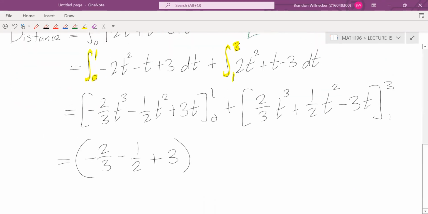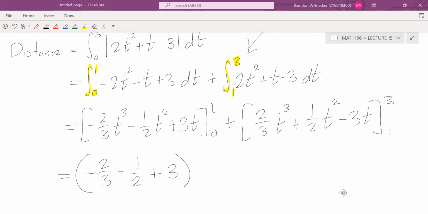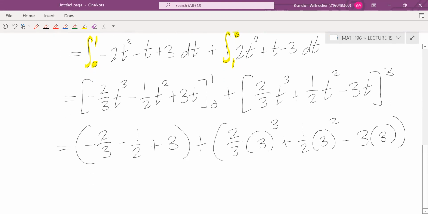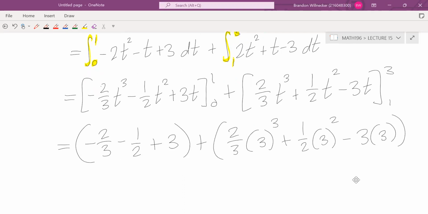Okay, let's carry on. So we've done the first bracket, and then for the second, it's going to be plus. We need to substitute 3. So it's going to be 2/3 of 3 cubed plus 1/2 of 3 squared minus 3 times 3. Okay, that's substituting the upper bound. And then we need to subtract the substituted lower bound. So that's going to be 2/3 plus 1/2 minus 3.